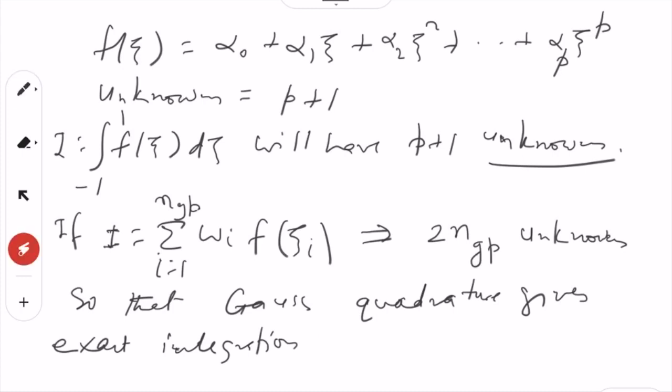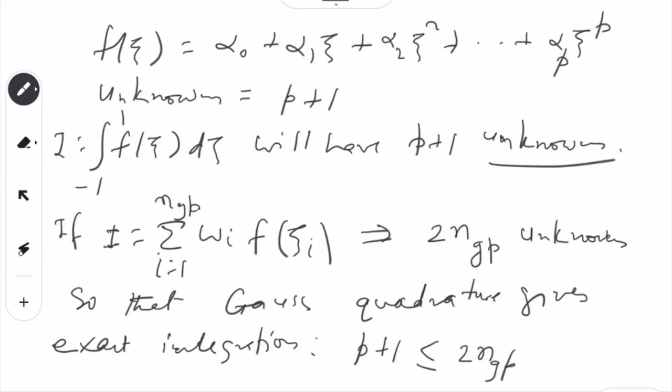It's possible only when the number of polynomial coefficients, this one, has to be less than this value, right. So, if your number of Gauss points is more than required, that is fine. This is what it tells you, that p plus 1 has to be less than or equal to 2 NGP.